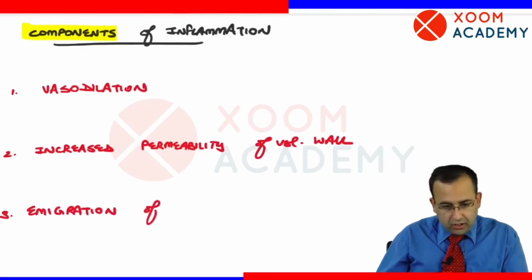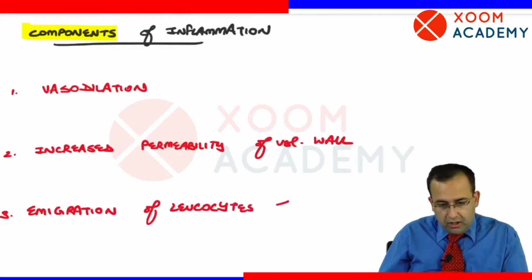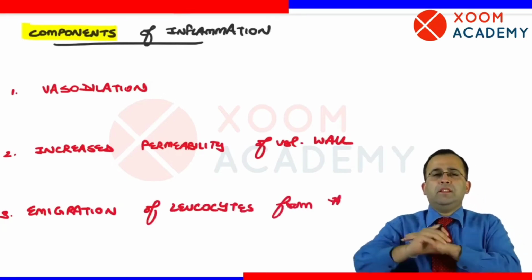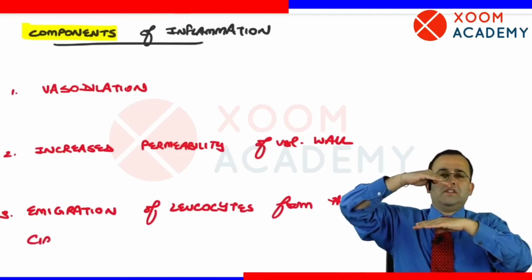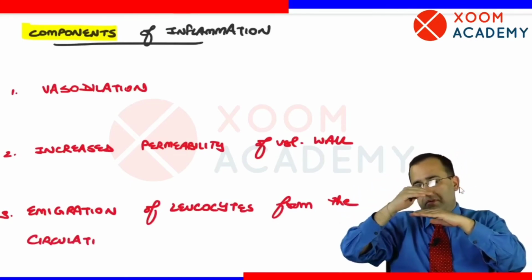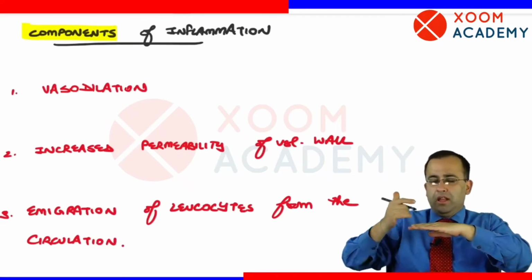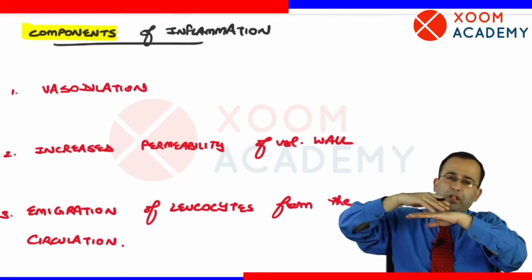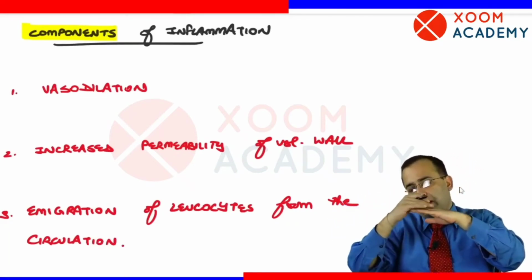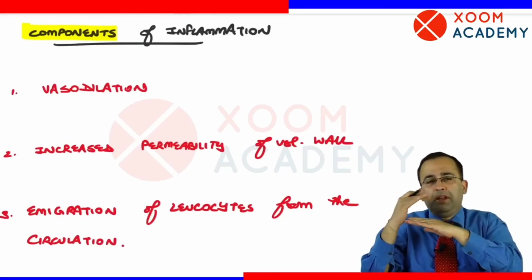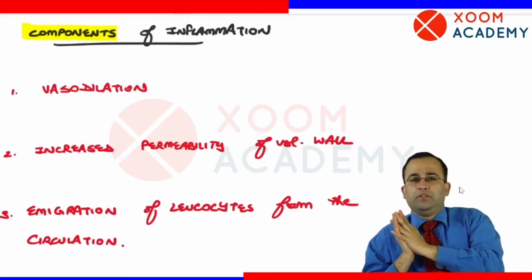These are the components of inflammation. Nothing much, it is a straightforward thing. Blood vessel dilates, permeability of the vessel wall increases, and leukocytes flowing in the blood vessel come outside the blood vessel.